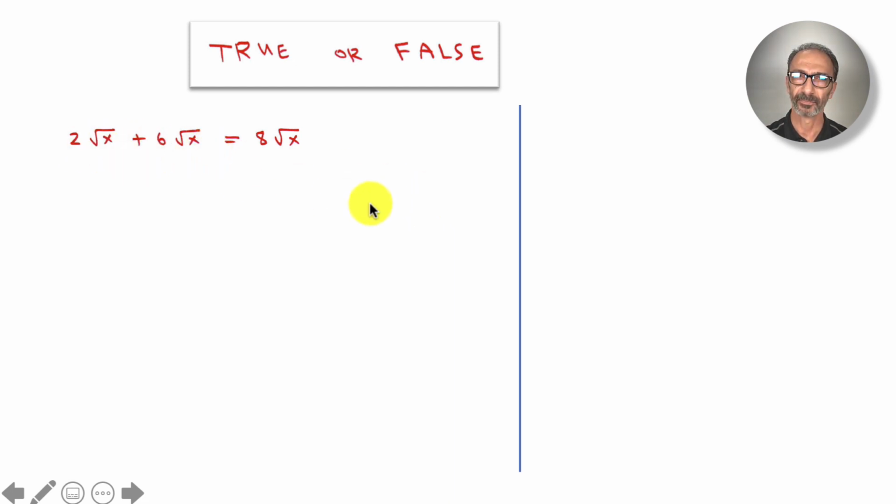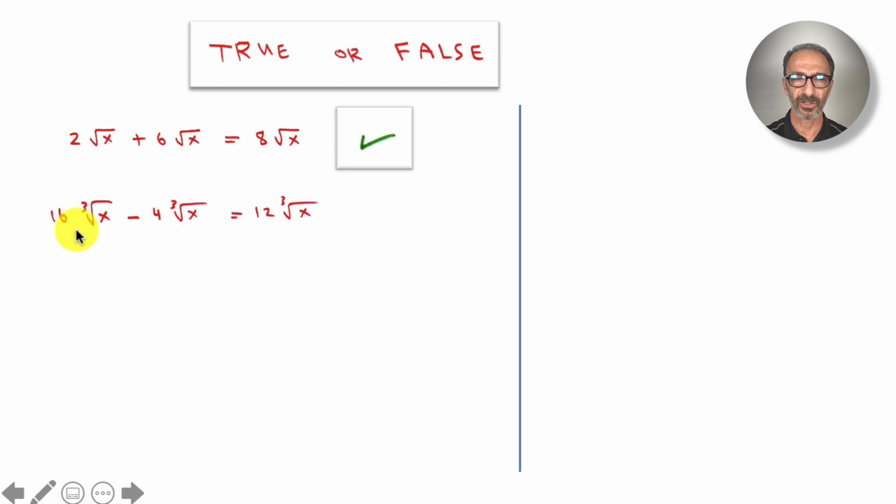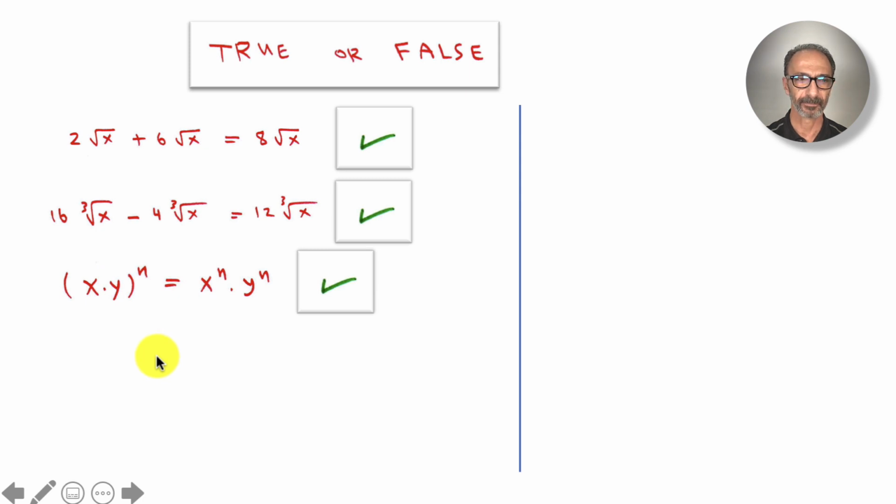So, true. 16 cubic root of x minus 4 cubic root of x equals 12 cubic root of x. Yeah, they are alike. We could combine them. (xy) to the power n: we could apply the nth power to the x and y. Yes.